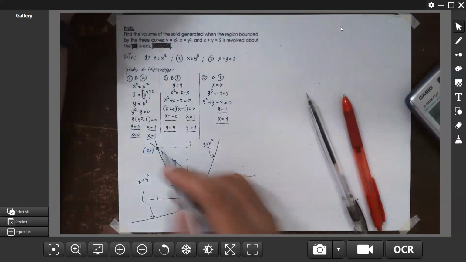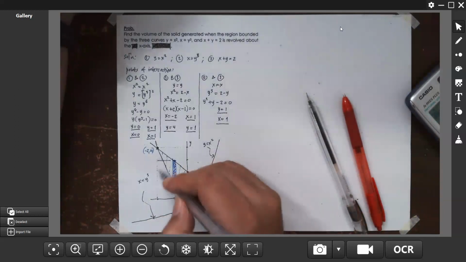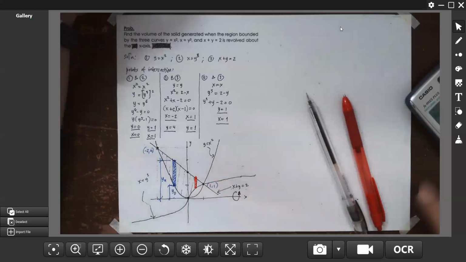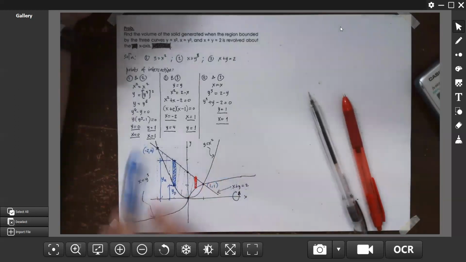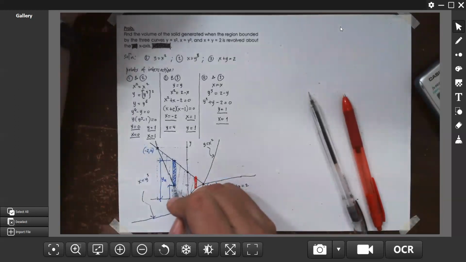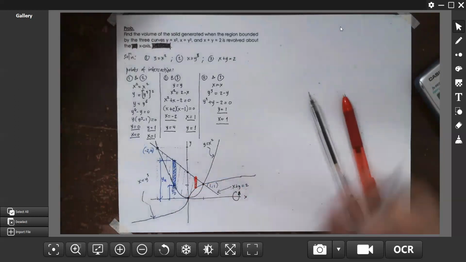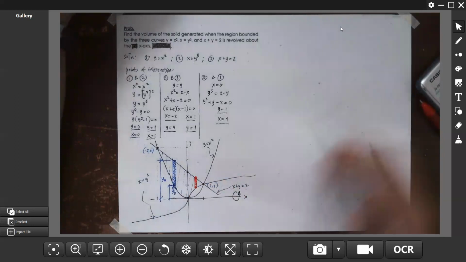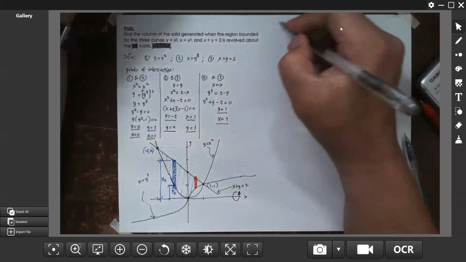So let us label. This is y up. And this one is y down. And the thickness is dx. So the volume is this one.